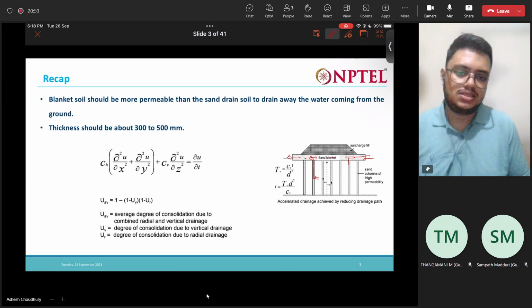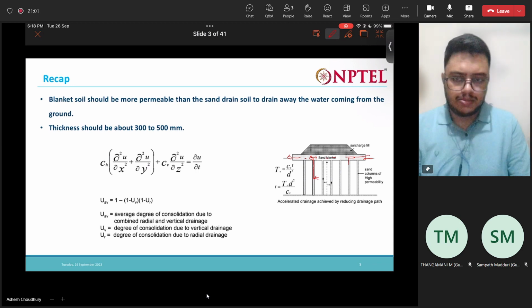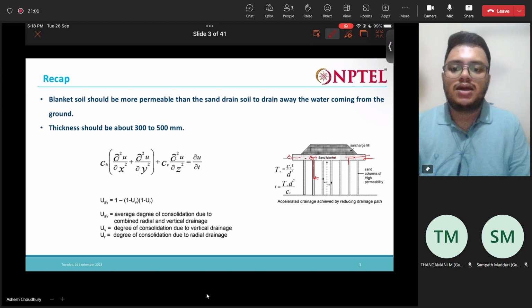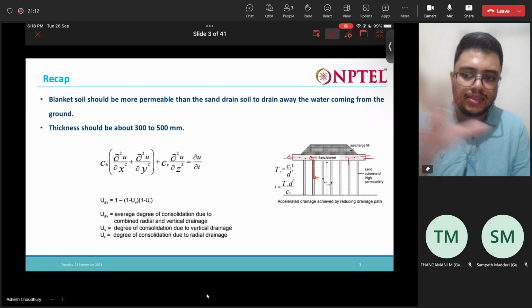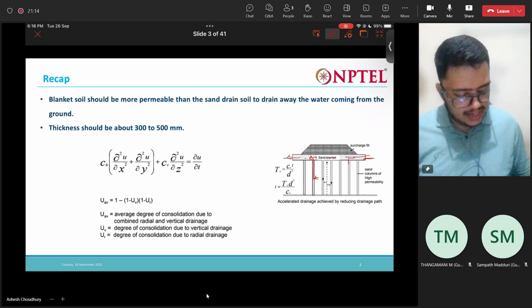It is nothing but the 3D Laplace equation where u is the pore pressure. So ∂²u/∂x² plus ∂²u/∂y² times CH, this defines the radial flow of water.